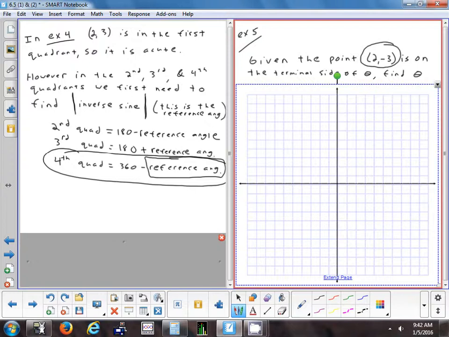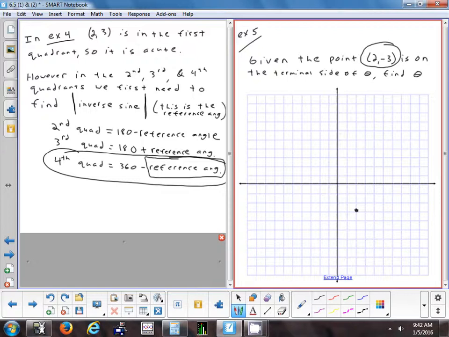Right 2, down 3. Okay, make your triangle. Draw the hypotenuse to the origin. Draw the height to the positive x-axis. You always draw the height to the x-axis, whether you're in this quadrant, or that quadrant. Always draw it to the x-axis.